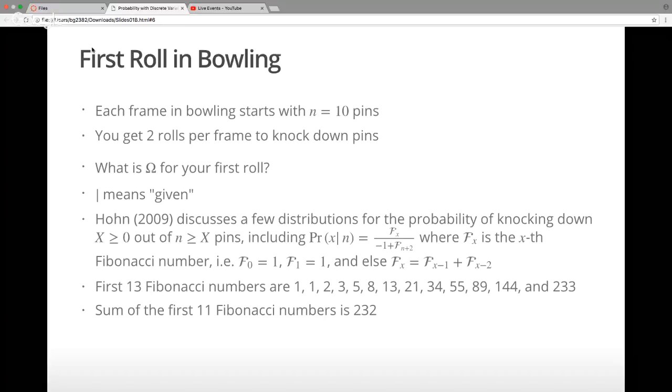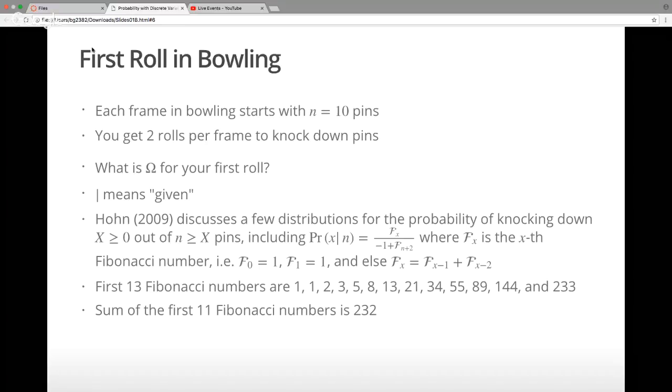And it's divided by -1 plus the n plus 2 Fibonacci number, where n would be 10. So that would be the 12th Fibonacci number, starting with 0. Anyway, the sum of the first 11 Fibonacci numbers is 232, which is 1 less than the 13th Fibonacci number.